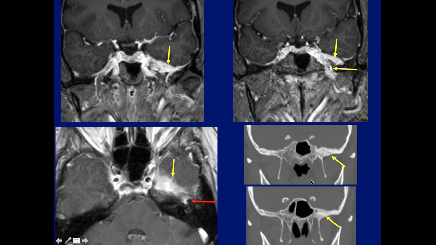And what do we see on CT? We see the classic hyperostosis of the greater wing of the sphenoid on this side that we see with meningioma. And as Nate and Dan and others mentioned, this was a meningioma case. Back to the issue, why did this patient have hearing or facial nerve symptoms?